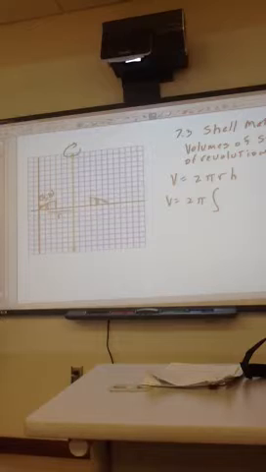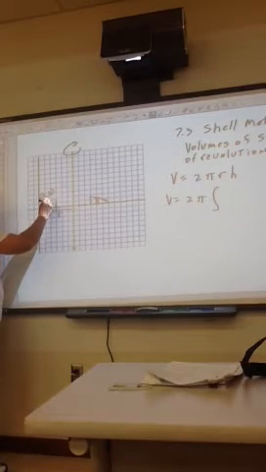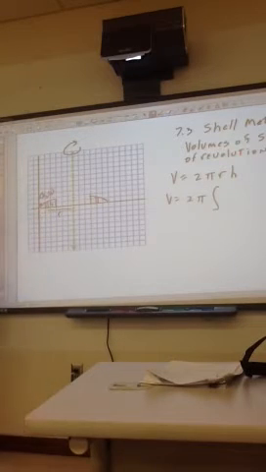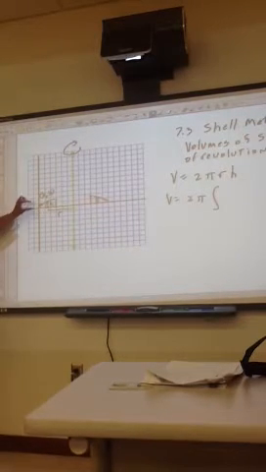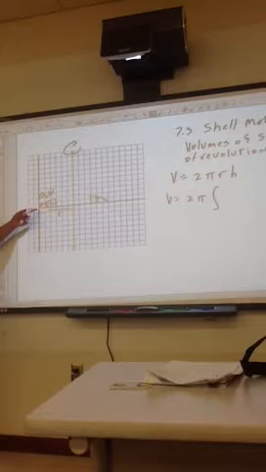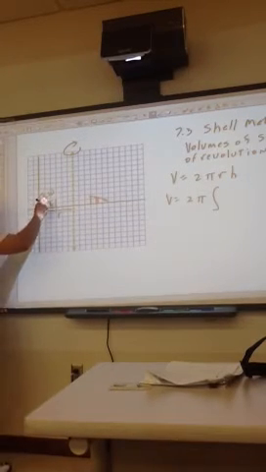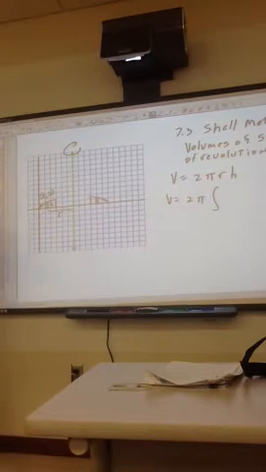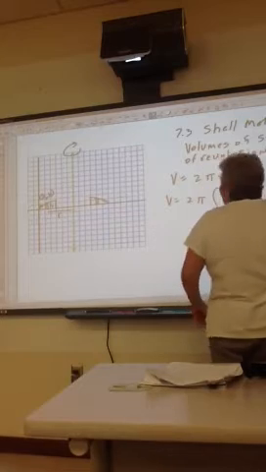The height is the height of a typical slice, and that's going to bring you back to section 7.1. Sometimes you're going to have to do top minus bottom to get that height. On this problem, it's really just the y value. So we can fill in that the height of this is y.